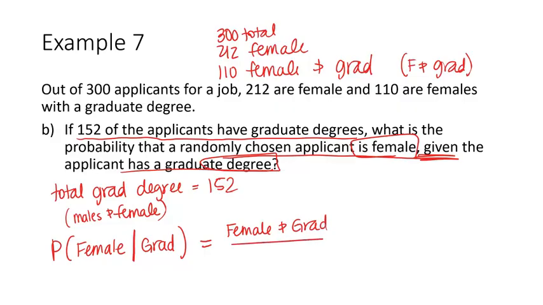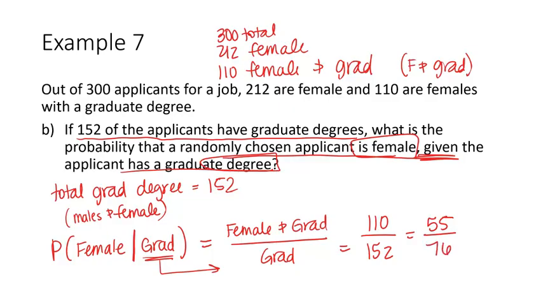But now the given is my new total. Female graduates are 110. Just grad degrees, 152. Again, I can reduce that by 2, giving me 55 out of 76, or as a decimal, 0.724.